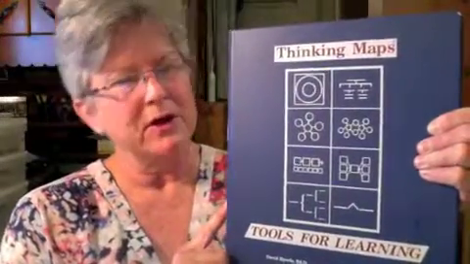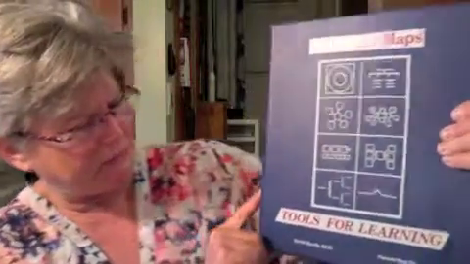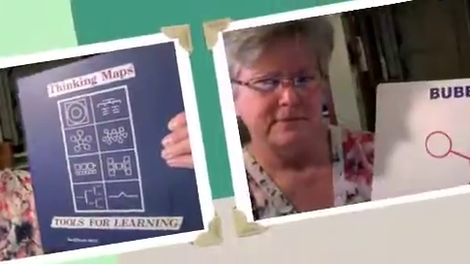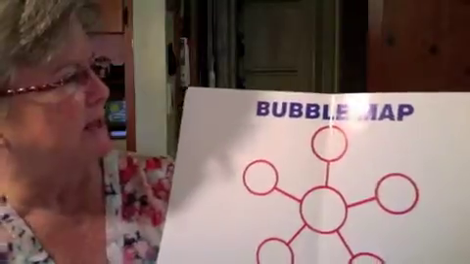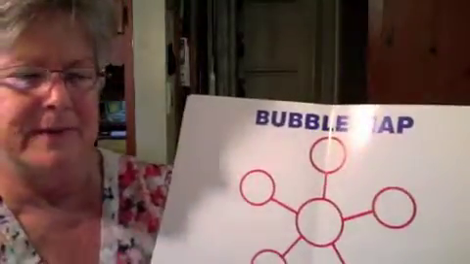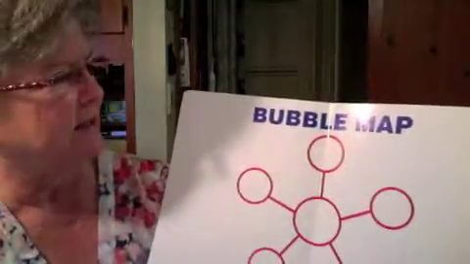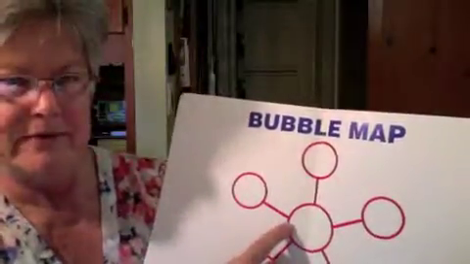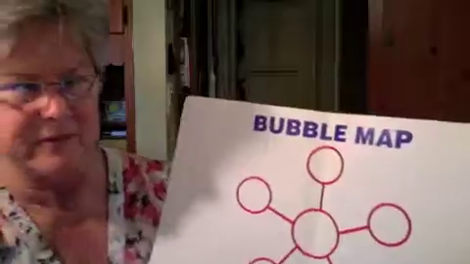This is just a book called Thinking Maps, Tools for Learning. It's an old book. Again, this is by David Hyerle, and it's by Thinking Maps Incorporated. So I like to use bubble maps. I use graphic organizers all the time, and as I was saying in my Go Fish describing, I'll have a bubble map in front of the kids or on the table, maybe one for each of them.